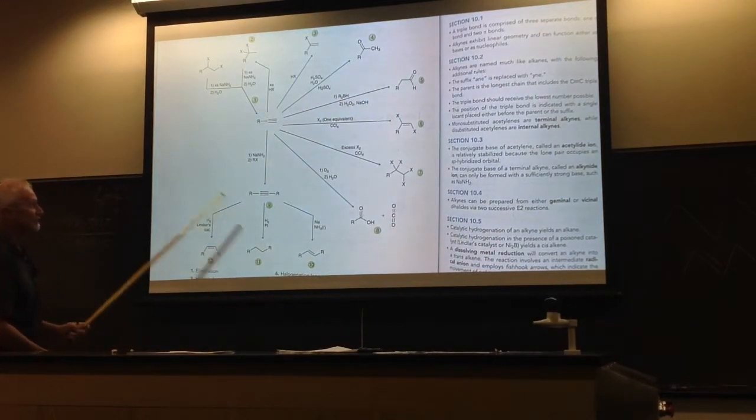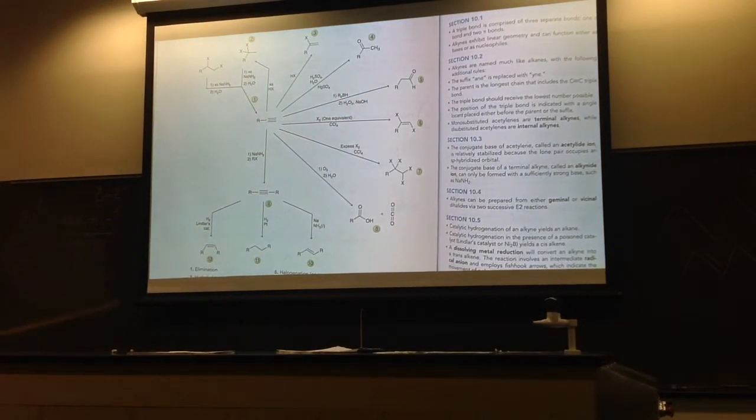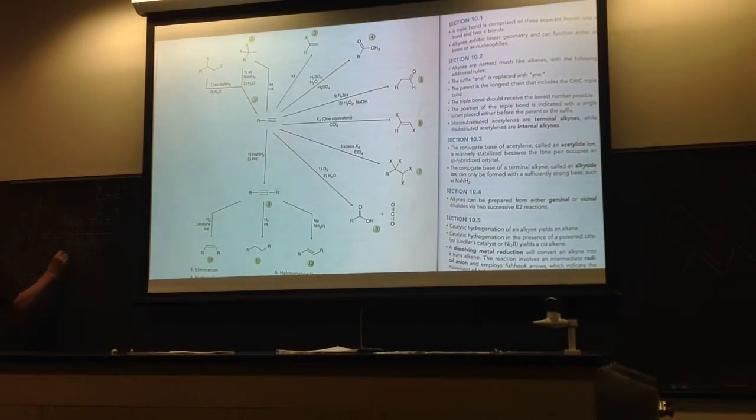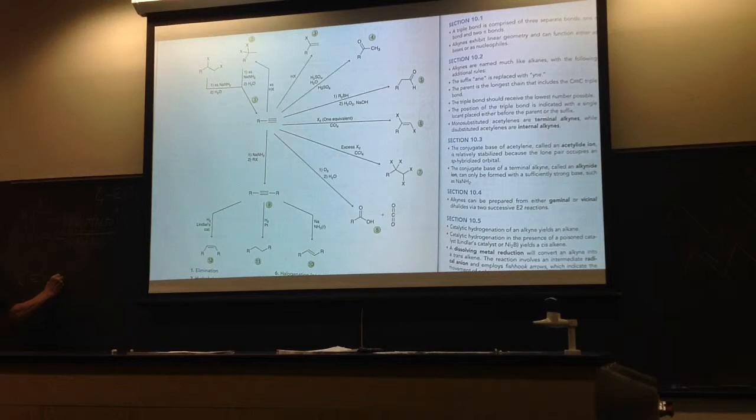BH3 is too reactive for a carbon-carbon triple bond, so instead of BH3, they take away 2 hydrogens and add 2 R groups in the first step. They don't need tetrahydrofuran, which is nasty to work with. Step 2 is the same: sodium hydroxide and hydrogen peroxide.